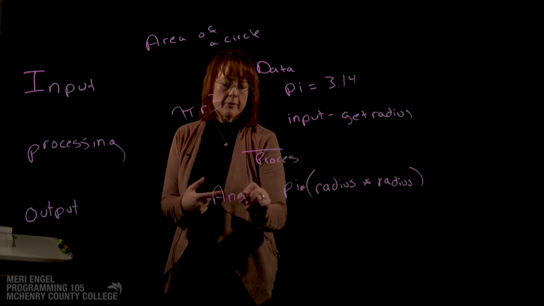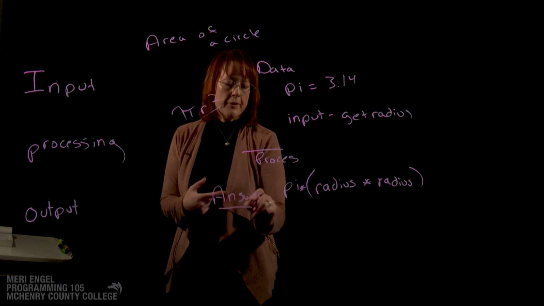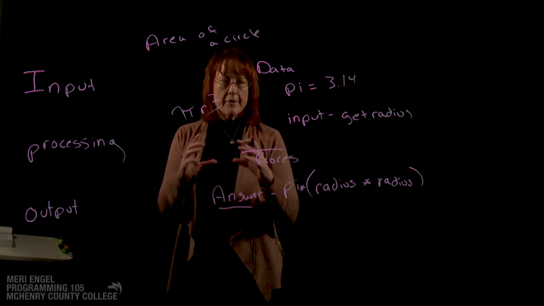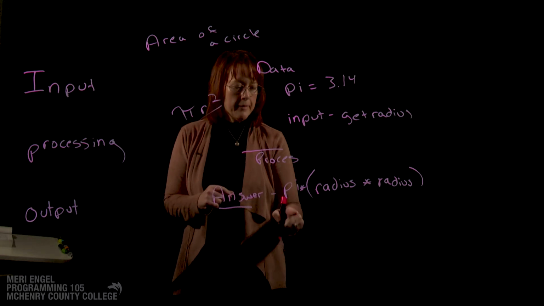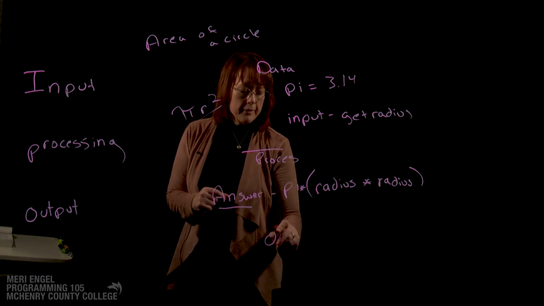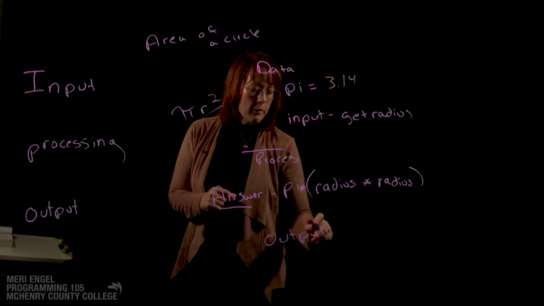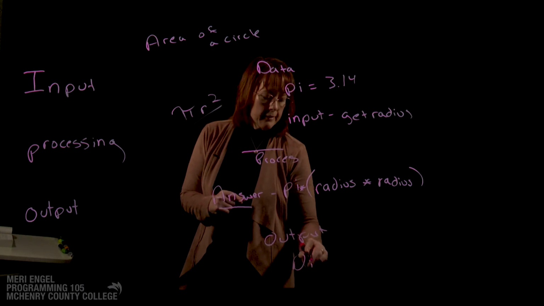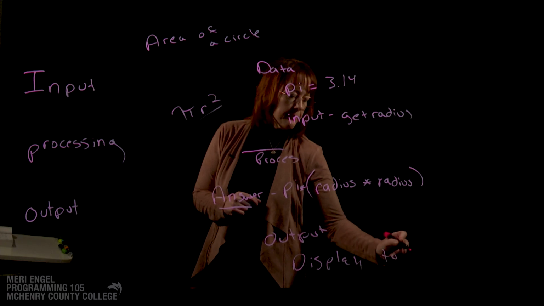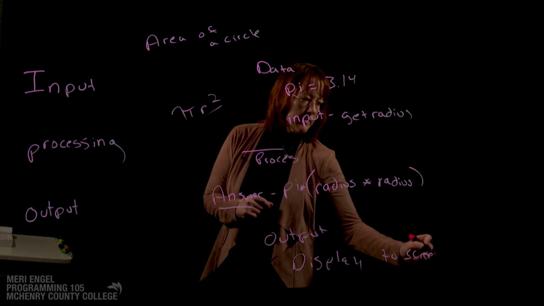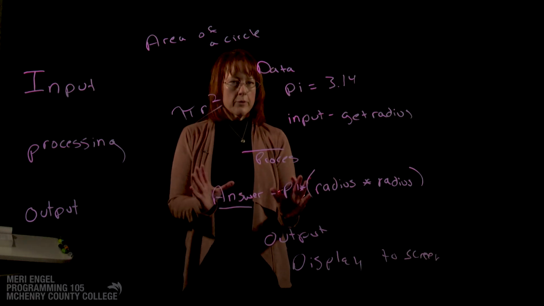And so answer becomes a variable. A variable is a named spot in memory where we store data, and I'll talk more about that in a minute. And then we would have output, where we would display the answer to the screen. So that's the logic if we're doing pseudocode.